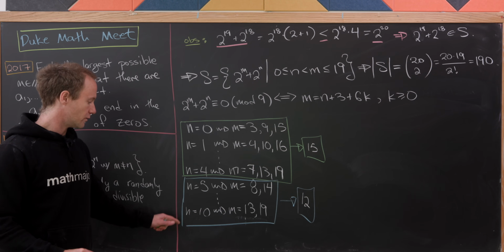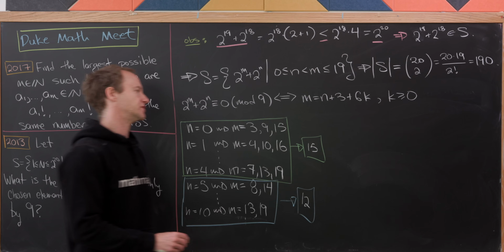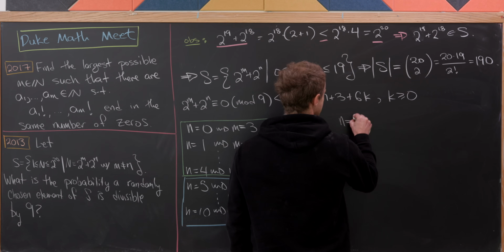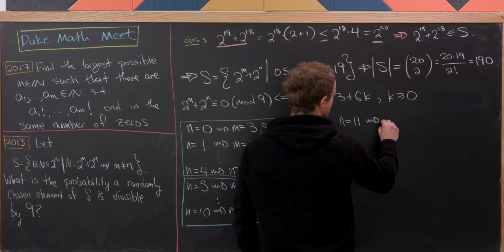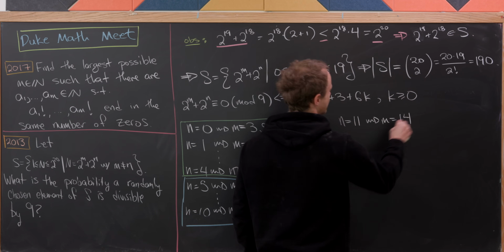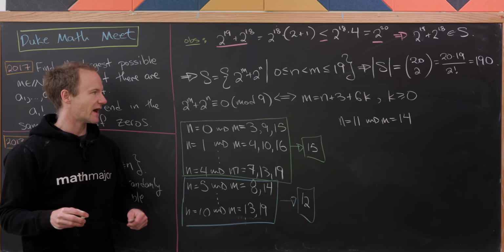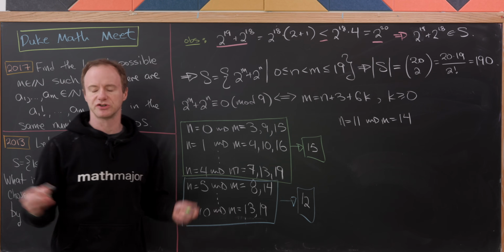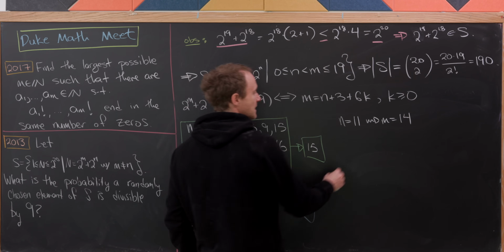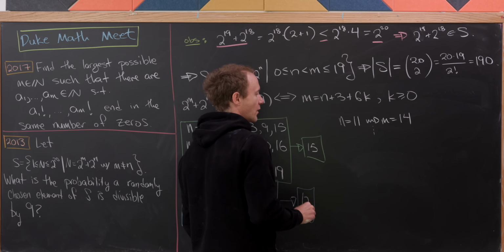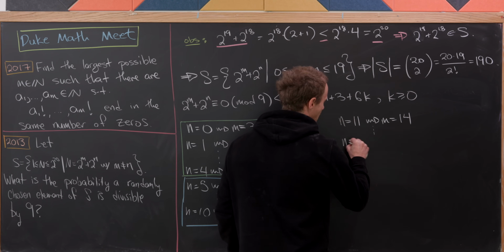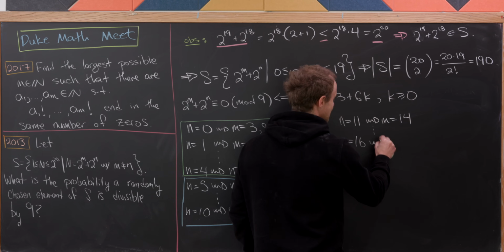And now we just have to move on to larger values of n. So notice if n is equal to 11, that means that m is equal to 14. And that's the only possible value of m, because if you add another multiple of 6, you'll get larger than 20, like we said before. And then this goes all the way up to 16.